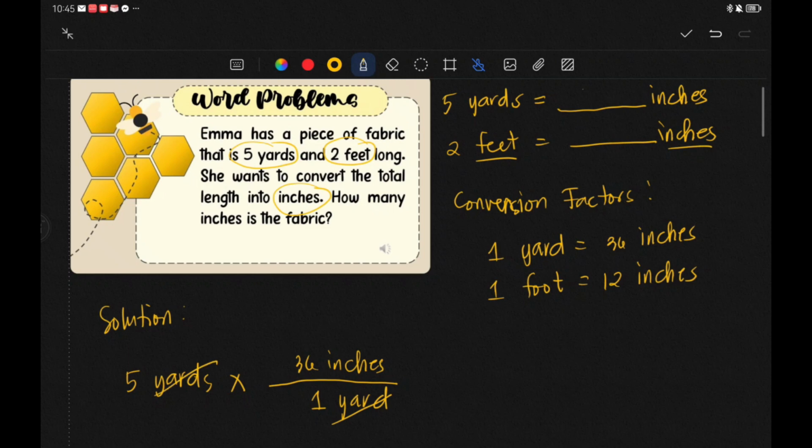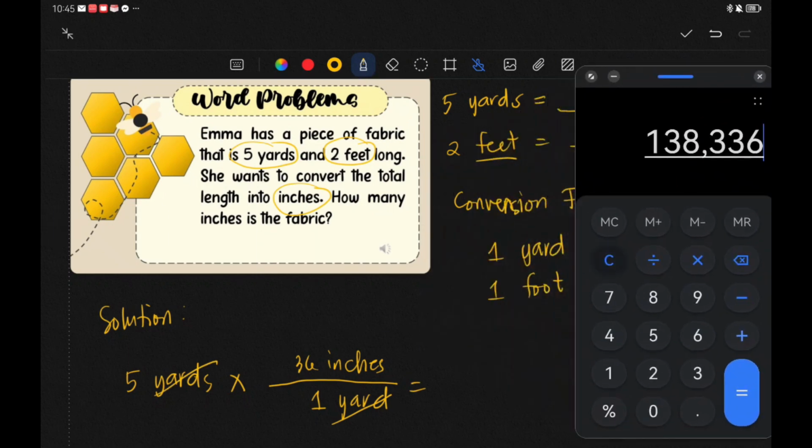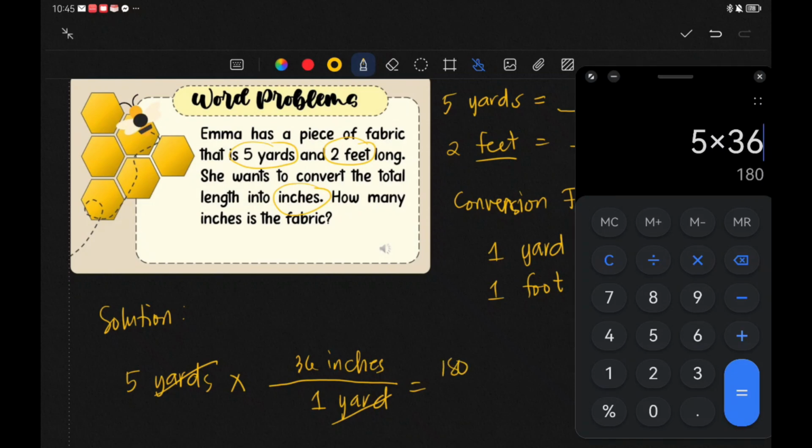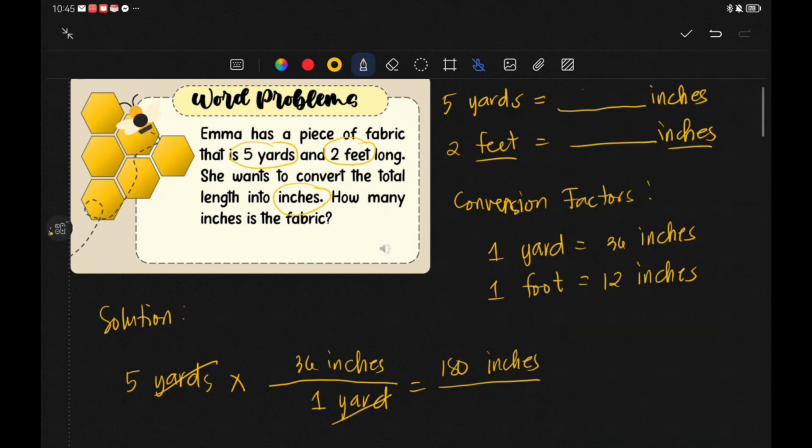So cancel out yard. 5 times 36, that is 180 inches over 1, that is 180 inches.